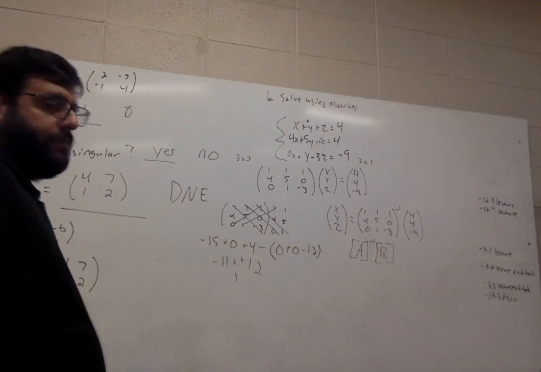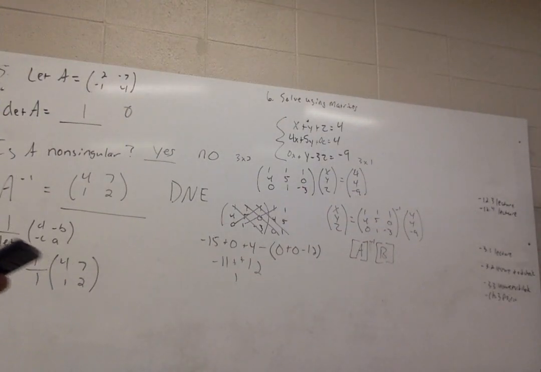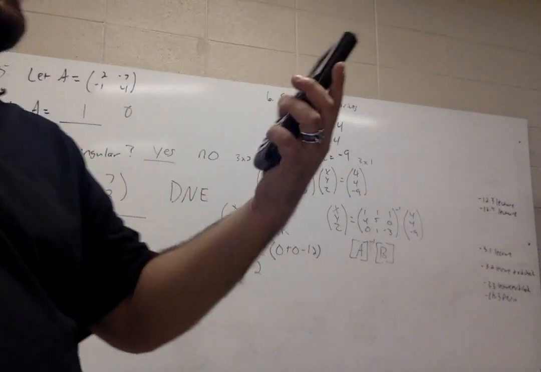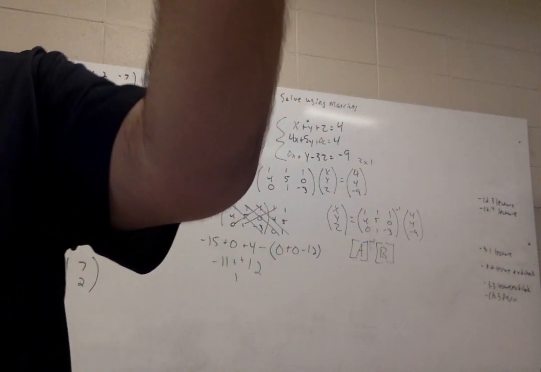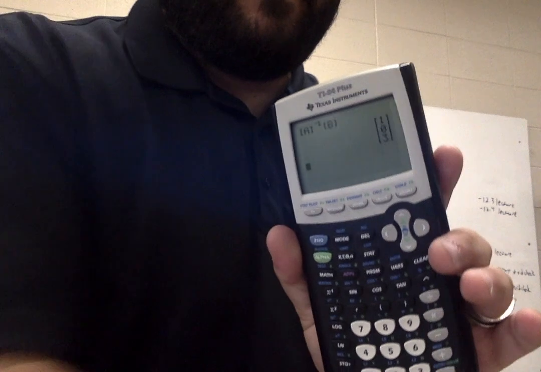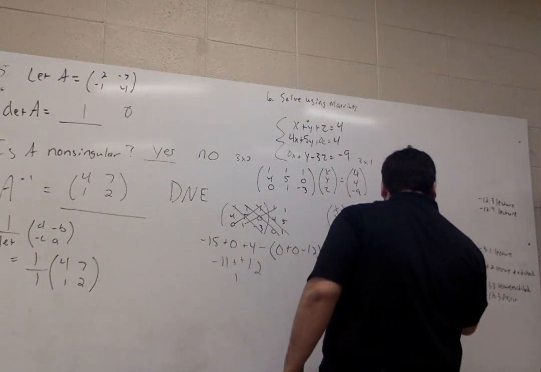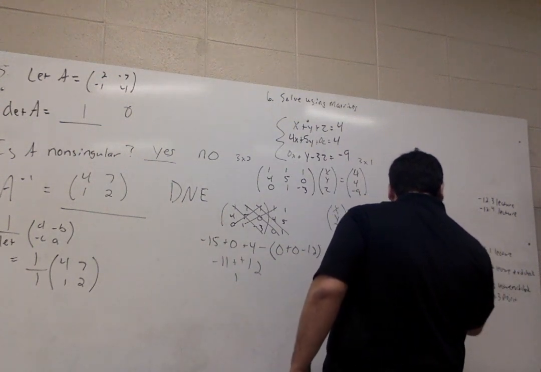All right, so let's go ahead and put that into the calculator. I already have my matrices set up here. So I'm just going to go ahead and press enter, and there's my solution right here. 1, 0, 3.